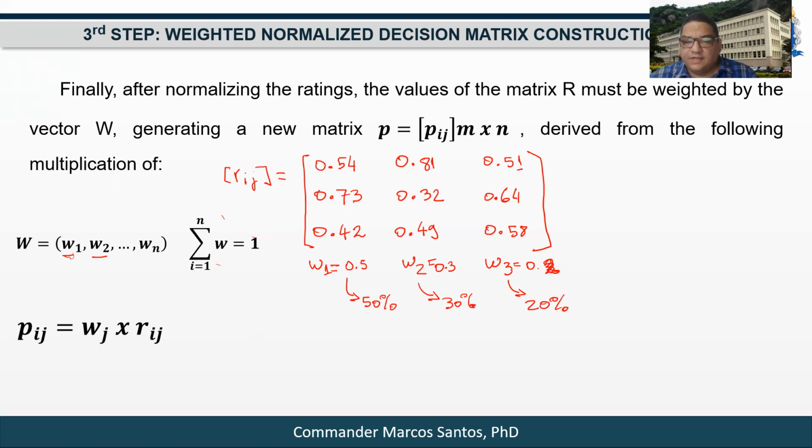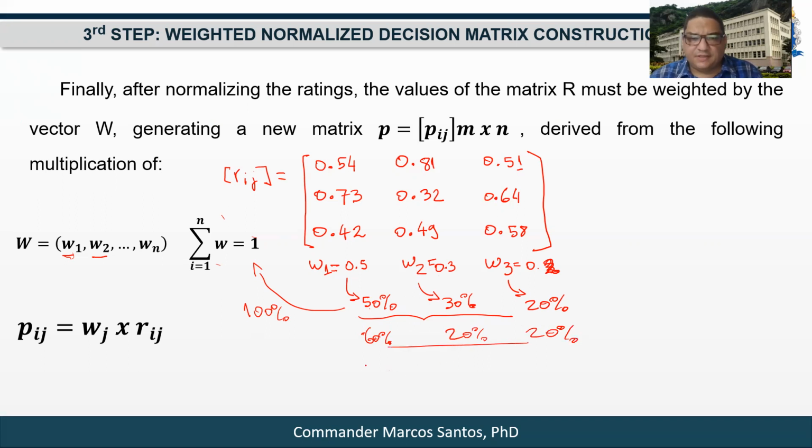You know? And if I sum these values, I always have to get 100%. So I can take, for instance, 60%, 20%, and 20%. The sum is 100. I can take 10%, 45%, 45%.